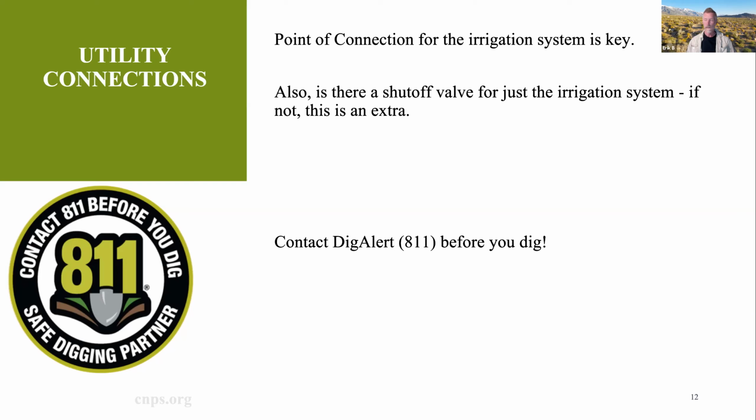It's good to know where it is, and where the main sewer line is, because trees like to get into the sewer line. Also, is there a shut-off valve for just the irrigation system? If not, this is something you might want to install and charge for.